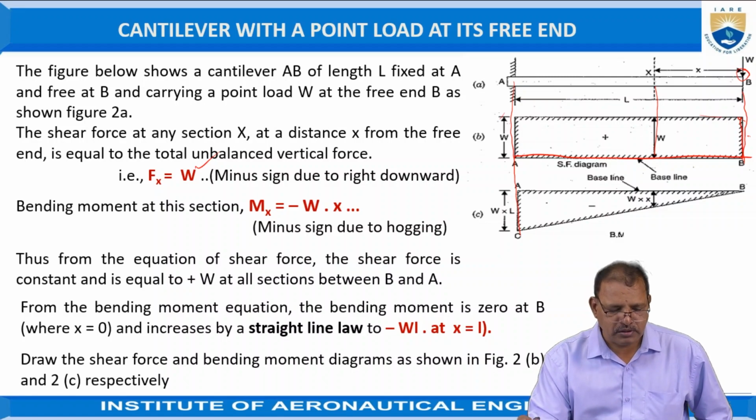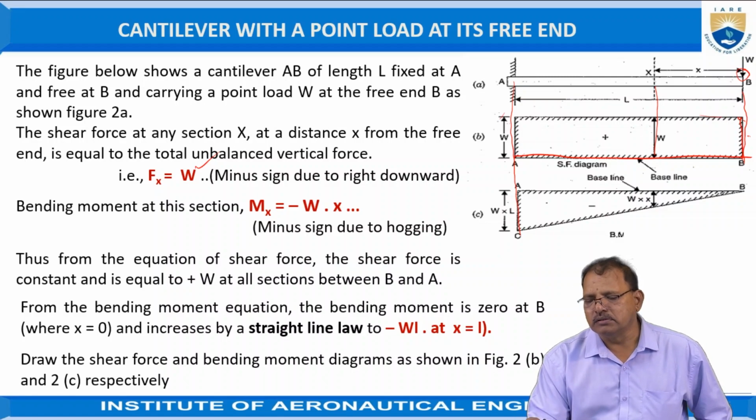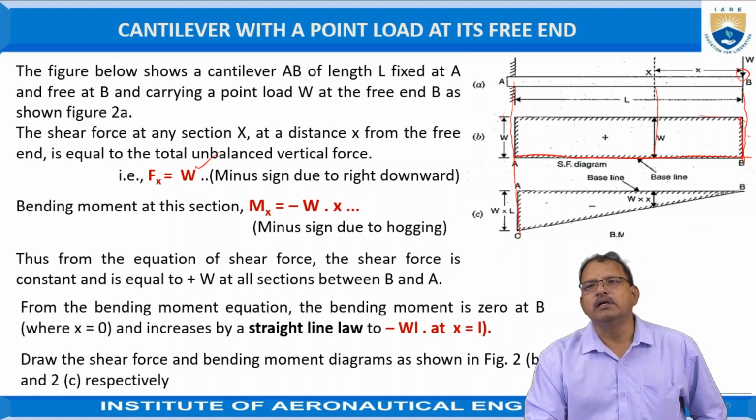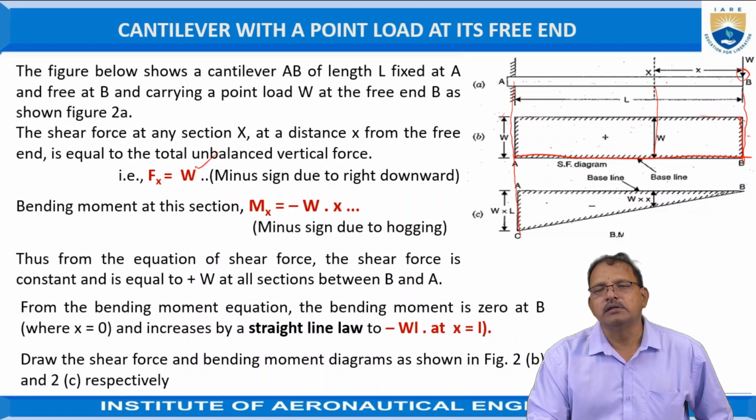Hence it is represented as a rectangle. Similarly, the bending moment at B: as already discussed, the bending moment at the free end is always 0 for the cantilever. That means at B it is equal to 0.